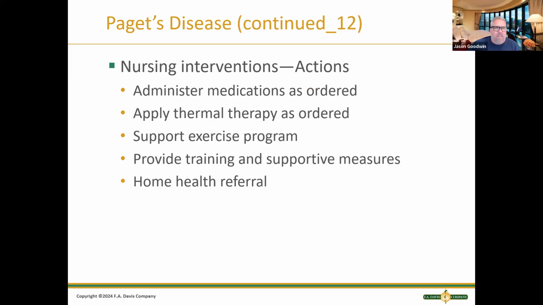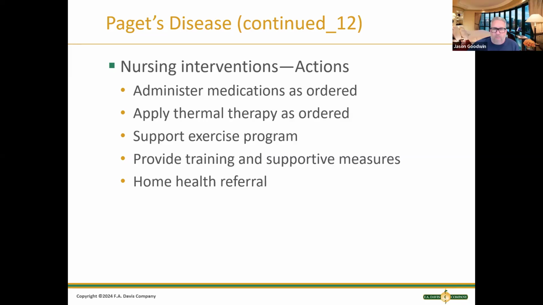So interventions, you're going to administer your medications as ordered. If there are other types of therapy, like thermal therapy, hot or cold, it's been shown to reduce pain and increase functionality. A supportive exercise program will start to implement steps to address physical and functional deficits.